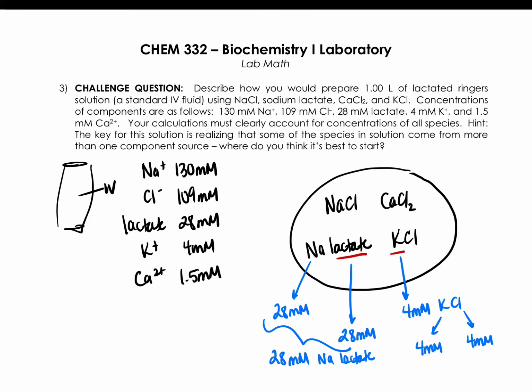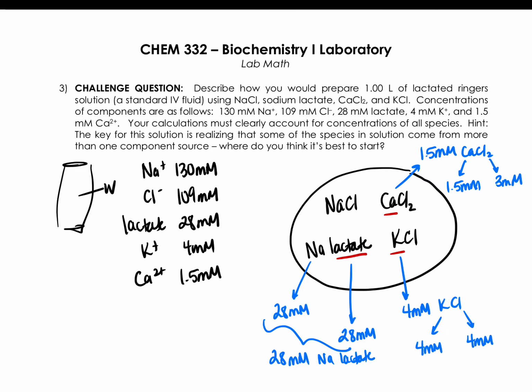The only other thing that is present in only 1 species is calcium. We know that we need calcium to be at 1.5 millimolar. So if we have 1.5 millimolar calcium chloride, that's going to give us the 1.5 millimolar calcium that we need, but it's also going to give us 3 millimolar of chloride.